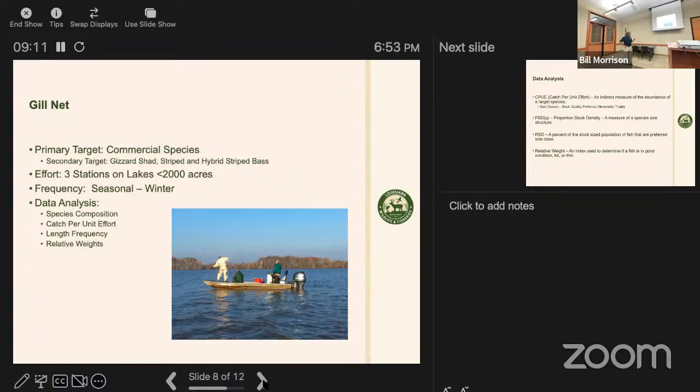So we also use gill nets. Gill nets are just a net, and when the fish swims in there, it gets tangled up in the net. We mainly use this for hybrid striped bass that we stock in there. We use that to monitor them. And obviously the bigger bass, sometimes electrofishing doesn't get those really big bass, so we can get them in the nets.